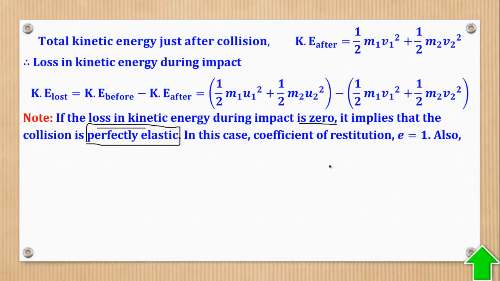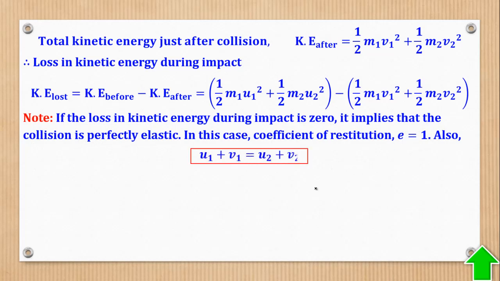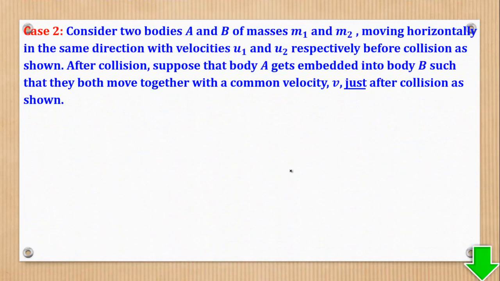And in this case, the coefficient of restitution is 1. Also, this is equal to this. Initial velocity plus final velocity of one particle is equal to initial velocity plus final velocity of the other. That is what they mean by perfectly elastic.